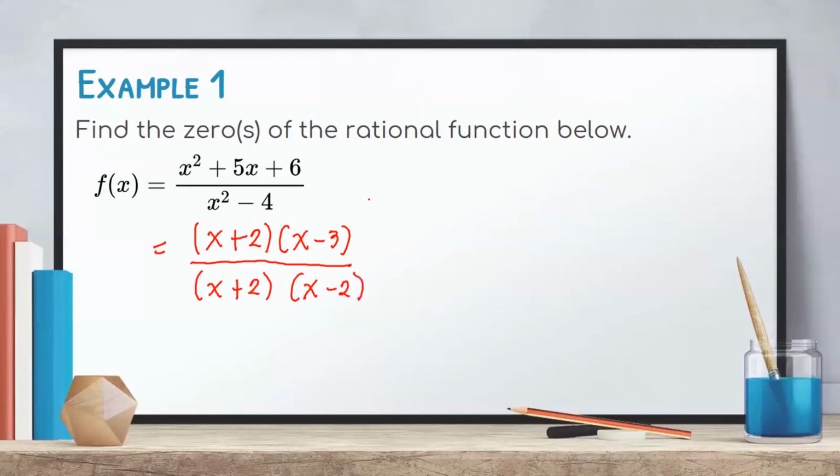Next, identify the restrictions of the denominator. Once again, the restrictions of the denominator are the values of x that will make the denominator equal to 0. To do that, we simply equate the two factors to 0. So x plus 2 equals 0 and x minus 2 equals 0.